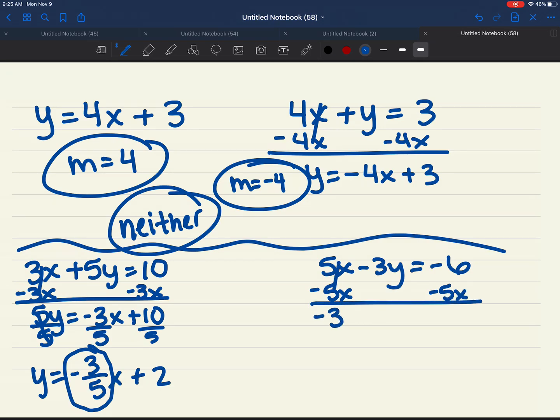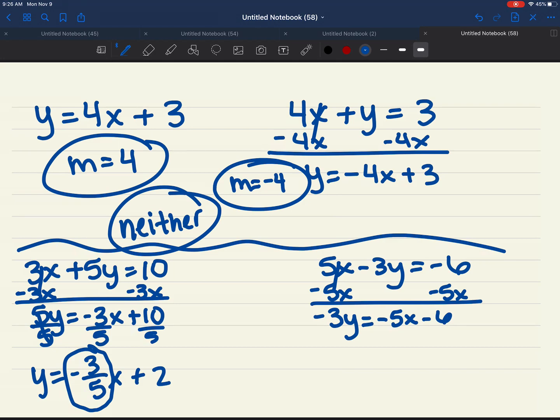Good. On both sides. Okay, so that would give you negative 3y is equal to what? Which one would you put first, 5x or 6? 5x. Good, very good. Okay.